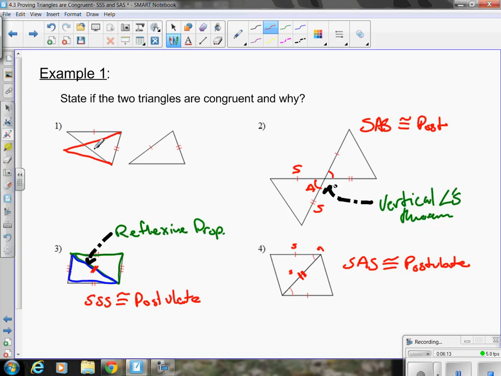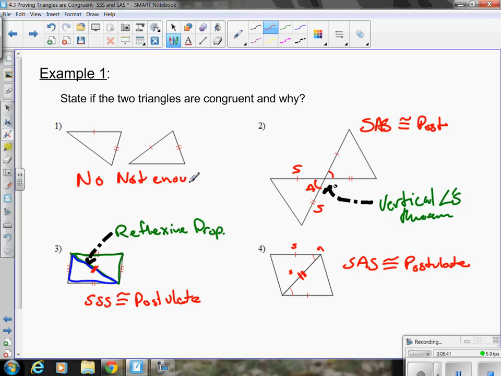This side could be congruent to that side, this side congruent to itself, but these triangles would not necessarily be congruent. So you got to be careful. Don't assume that just because they look congruent, they look like they're the same triangle, we can't prove it. So are the two triangles congruent? No, we don't have enough information. Okay, no.